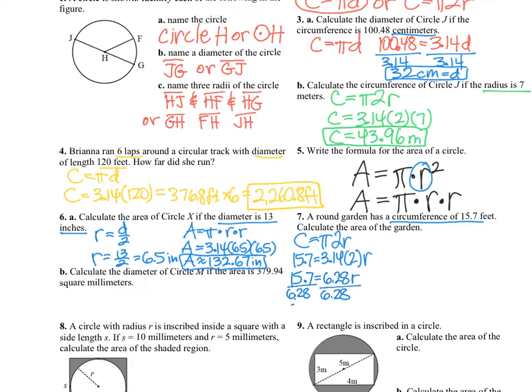And that's going to be feet. Equals the radius. And now I can use that with area equals pi times radius times radius. So 3.14 times 2.5 times 2.5.